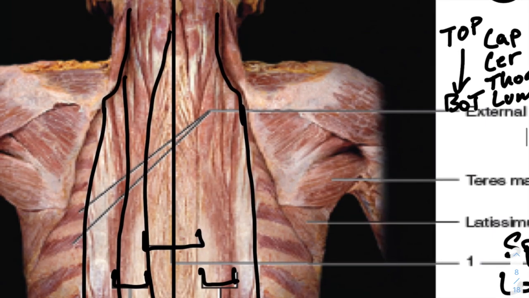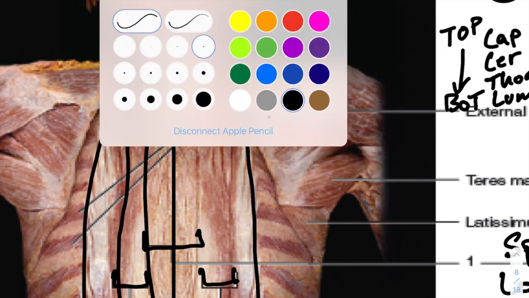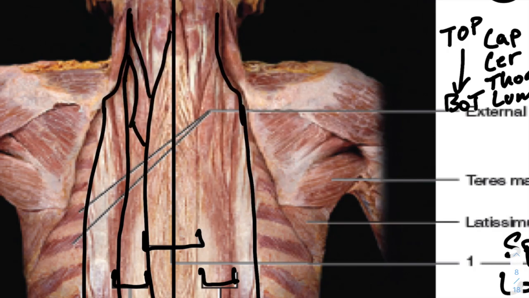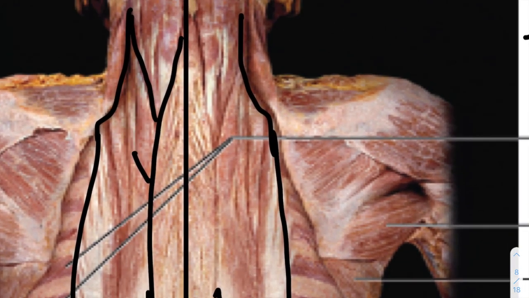Now, let's say we were trying to differentiate this part of the longissimus versus some other fibers. Let's say there was a pin, and it said, identify this muscle.